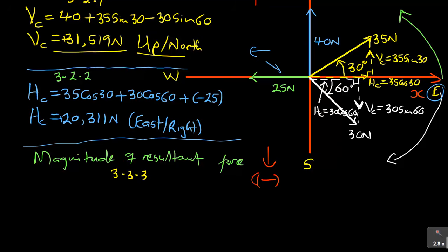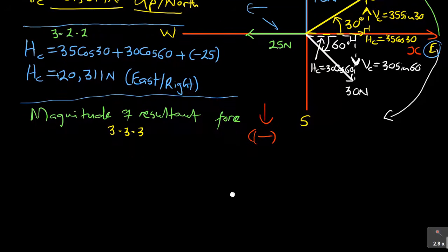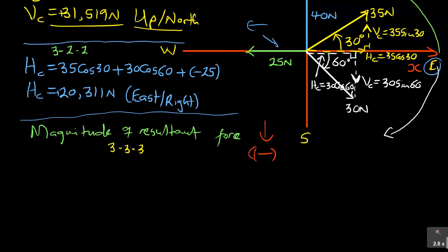a way what you are having is, if I can just quickly sketch this, you are having this. So you have got that as your y and that as your x, and you have your resultant.